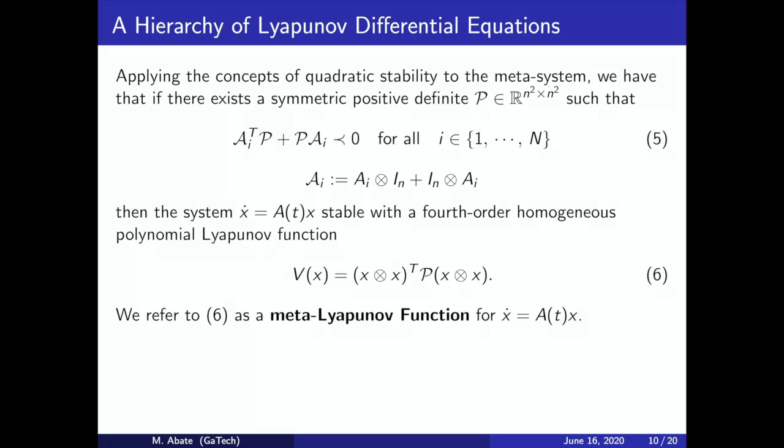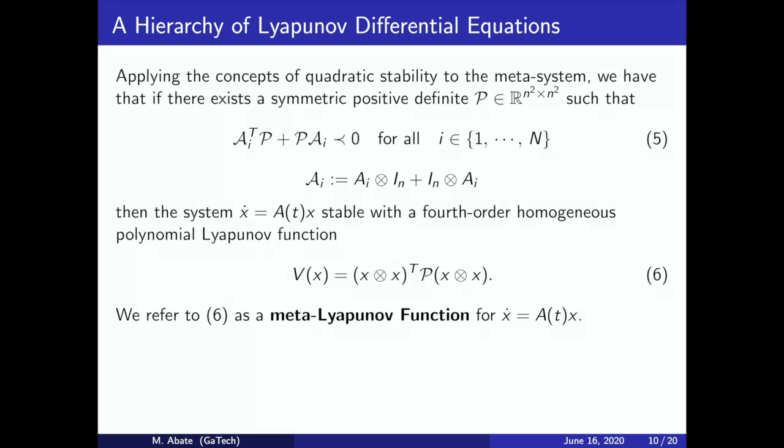Applying the concepts of quadratic stability to the metasystem, we now have that if there exists a symmetric positive definite matrix P, which is n squared by n squared, such that the Lyapunov constraint 5 is satisfied, then the system x dot is equal to ax is stable, and a fourth-order homogeneous polynomial Lyapunov function for that system can be formed using the equation 6.